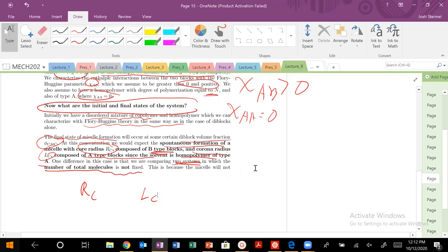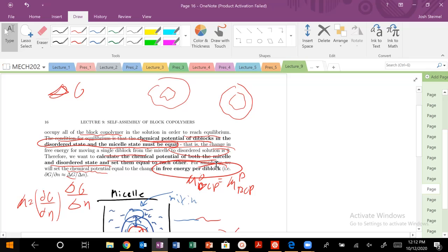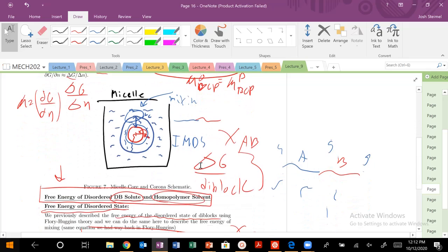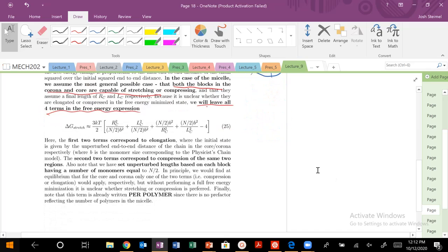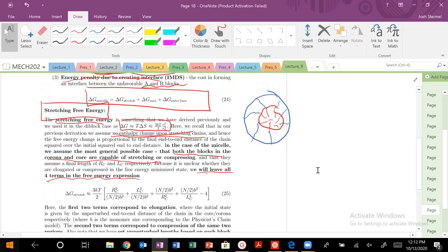So let's go ahead, just to remind ourselves, not derive it, LC, RC, right in that expression there, so we know what we're considering. This is the length of our corona. This is going to be the radius of our core, RC. All right, so that is our core radius.